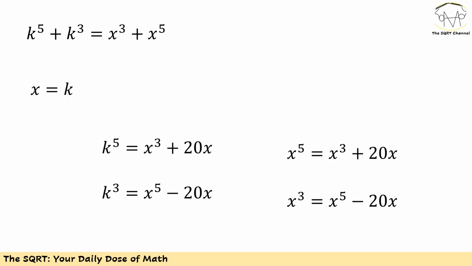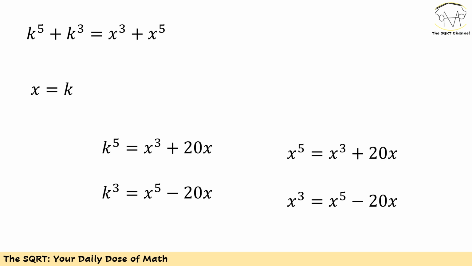Now, if x and k are the same, replacing k with x is going to end up with x to the power of 5 equals to x to the power of 3 plus 20x, and similarly x to the power of 3 equals to x to the power of 5 minus 20x. Now let's focus on what I have in these two equations.